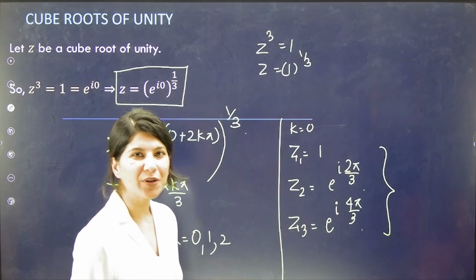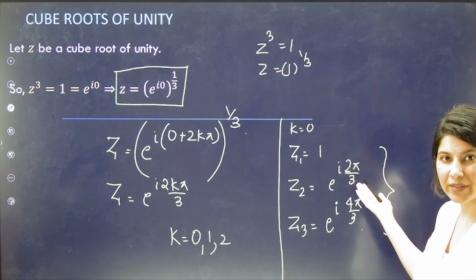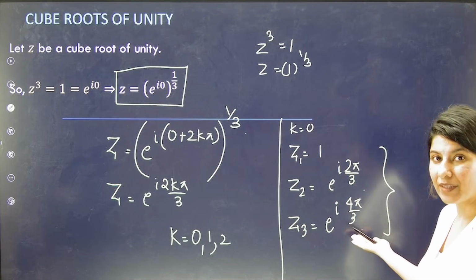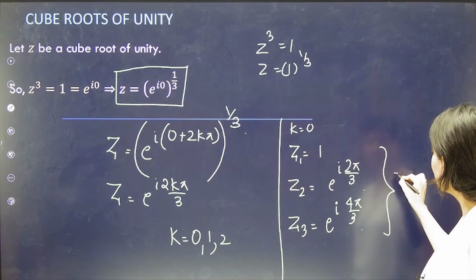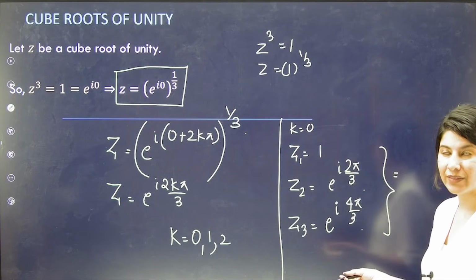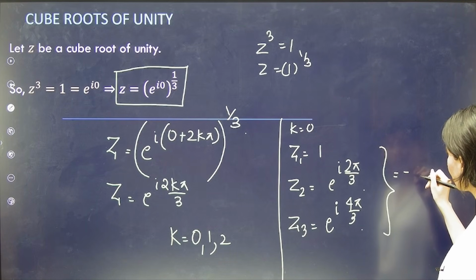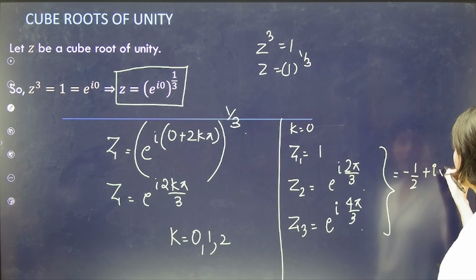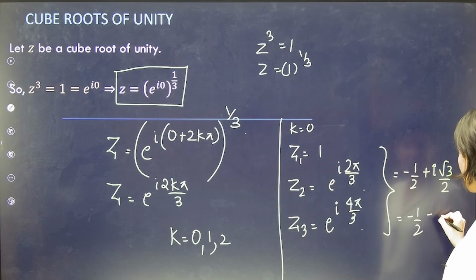Now e raised to the power iota 2 pi by 3, you can calculate: this is cos 2 pi by 3 plus iota sin 2 pi by 3, and cos 4 pi by 3 plus iota sin 4 pi by 3. If you solve it, the second is minus 1 by 2 plus iota root 3 by 2, and the third is minus 1 by 2 minus iota root 3 by 2.